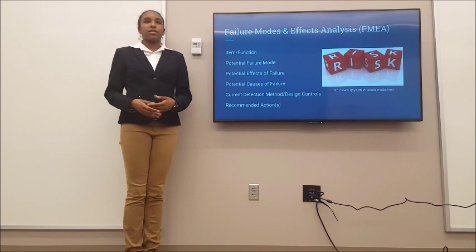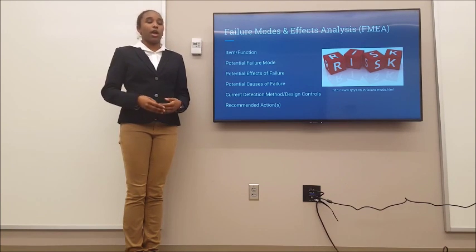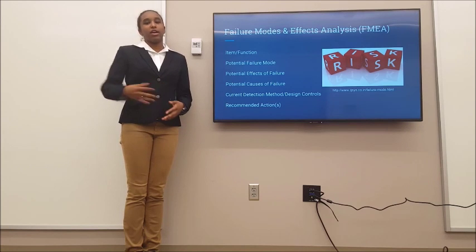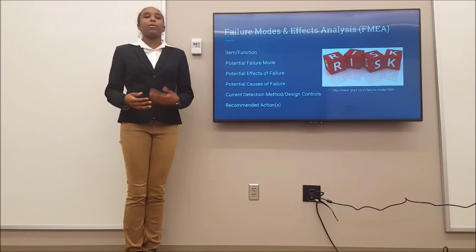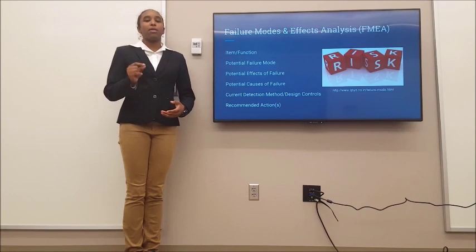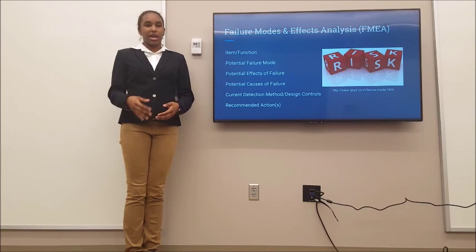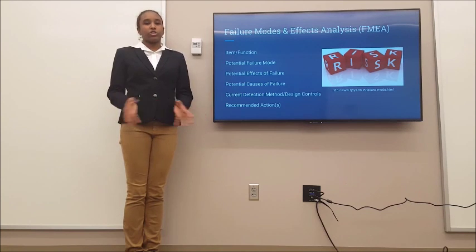Our current detection method and design controls would be to test the motor every time we run the obstacle course, or every time we package it to send out to users. And then our recommended actions would be to make sure to not tamper with the wires and to not play with the wires until the motor is ready to be tested in order to package them up and send them to users.